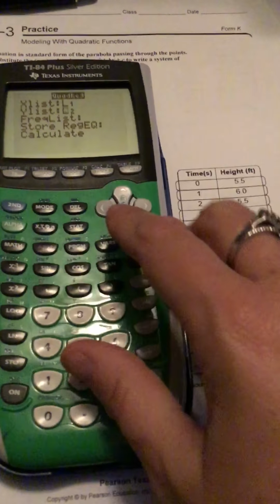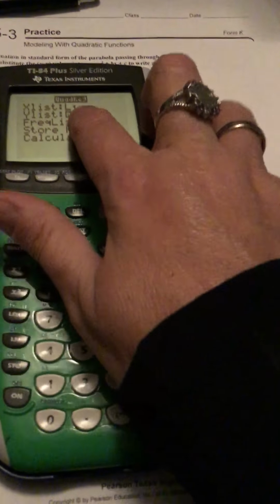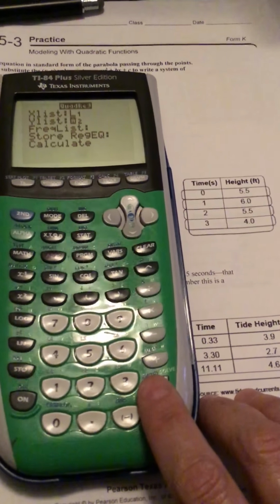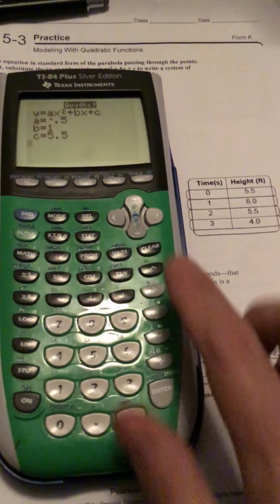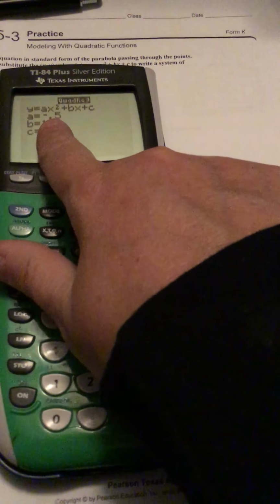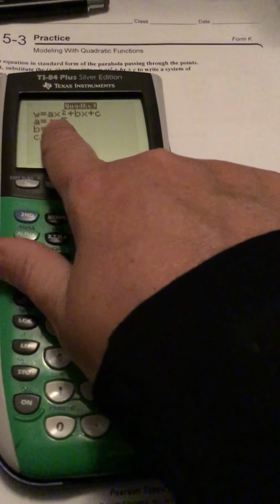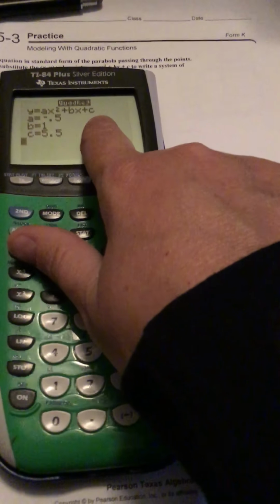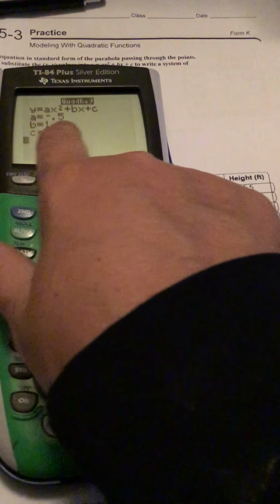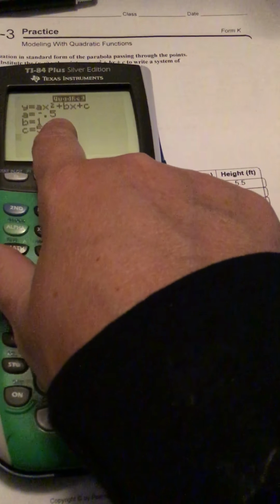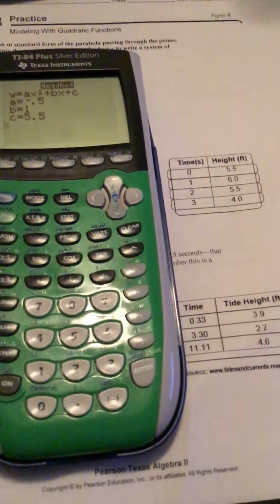That's fine. Just hit enter. So this tells me that my equation is y equals ax squared plus bx plus c. That's my standard form. My a is negative 0.5. My b is 1. My c is 5.5.